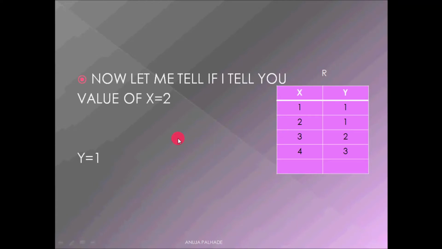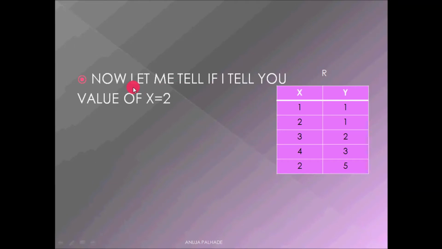Of course, yes, if x is equal to 2, y is equal to 1. So other than the quadratic equation, here we are using the relation to find the value of y from x. It means if you have the x value with you, you can easily find the value of y. Means x determines y, isn't it?